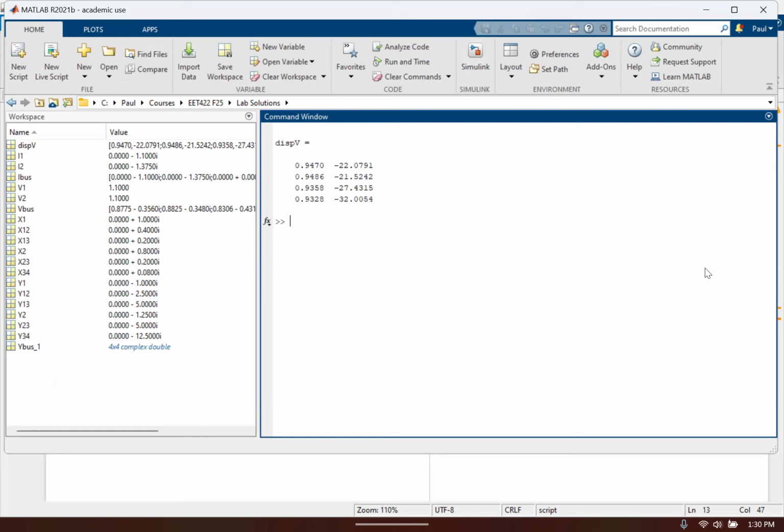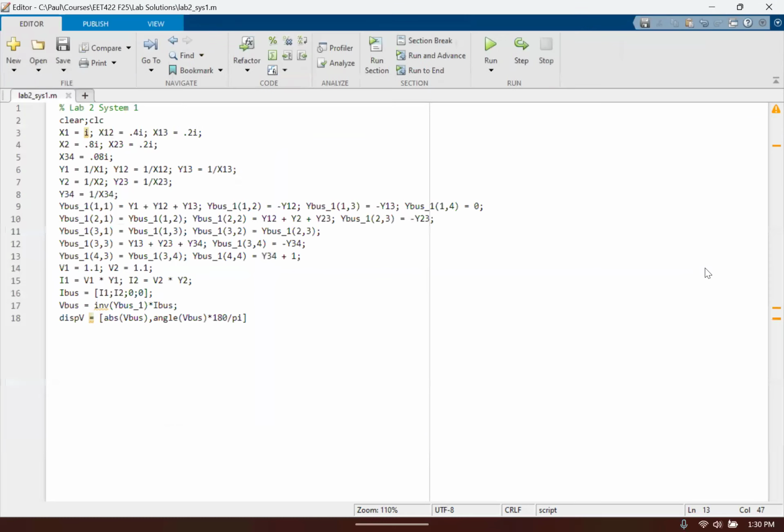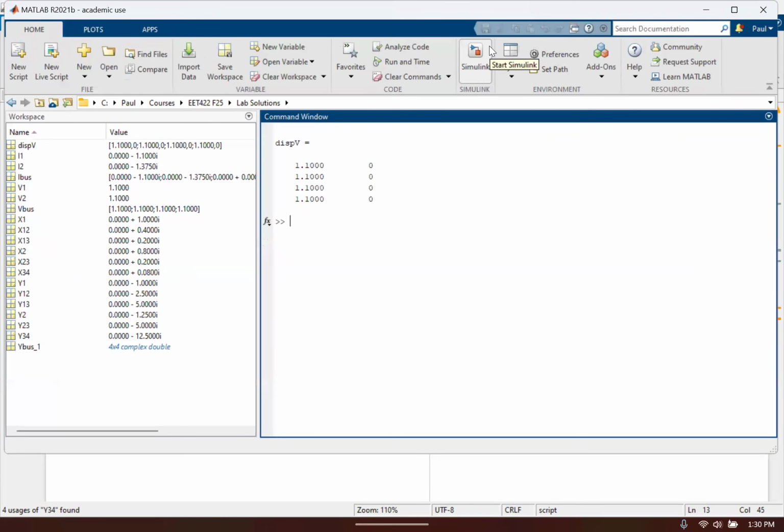So you can see 0.947, that's going to be providing more of the power, because the lower voltage means the bigger voltage drop, right? So that is where you're going to see more of the power coming out. All you have to do is add a load. Add a 1 ohm resistor, whatever, and you get different results. But going back to our previous example, we didn't have a load, so all the voltages are the same.